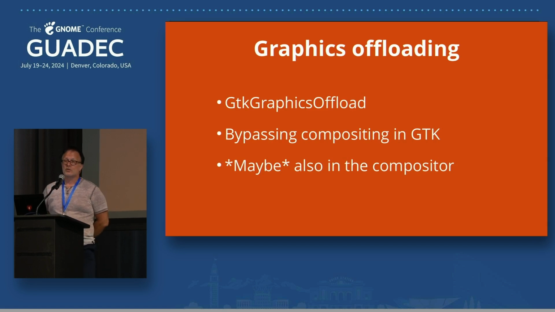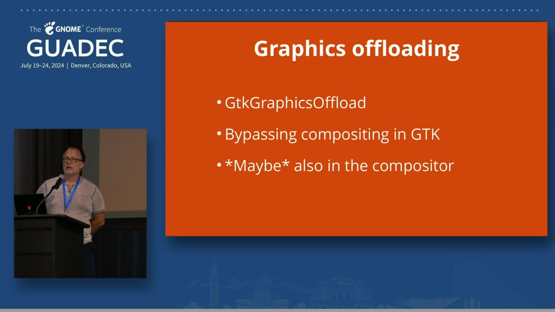But with these two pieces together, we have the infrastructure in place to actually implement graphics offloading. We added a new widget called GTK Graphics Offload, which creates a subsurface. And then our renderer, when it sees one of those subsurfaces, it attaches a DMA buff that it finds somewhere in the node tree. And thereby, we bypass the compositing step that the GSK renderer otherwise does.